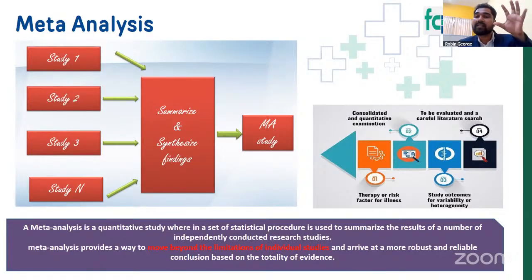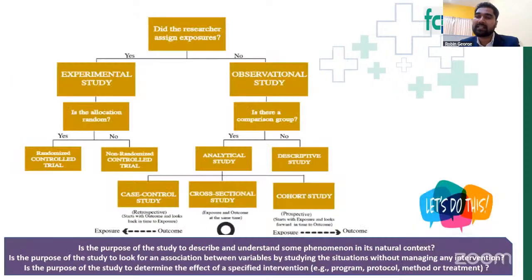We summarize the results of everything and we come to a strong conclusion, that is called a meta-analysis. There is no need of a model. The entire concept is different: collecting the data from the databases and evaluating it statistically using a forest plot and a funnel plot like that. Okay, so that is what meta-analysis is.